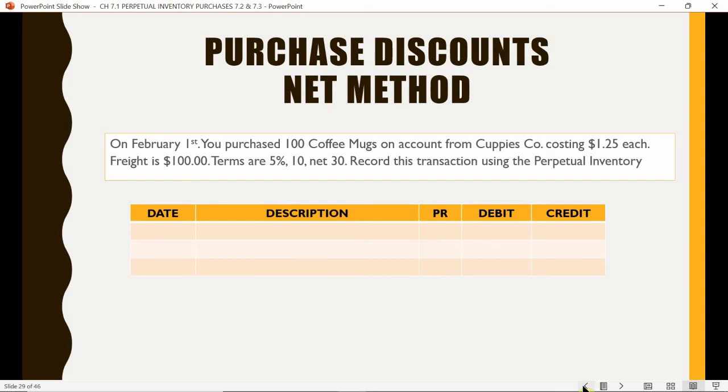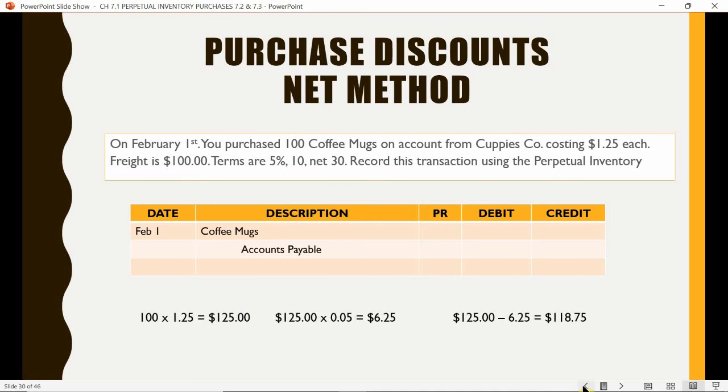So how do we record this transaction? We're using the net method. How are we going to record that we purchased inventory? Coffee mugs. Good. In this case, that's exactly it, the inventory is coffee mugs.